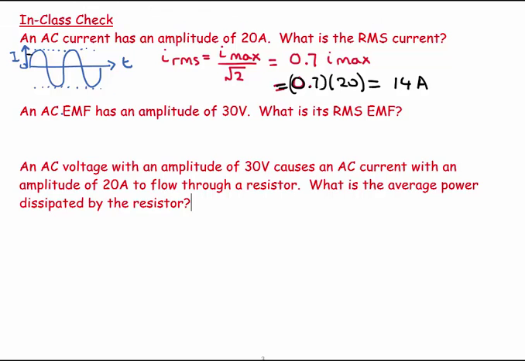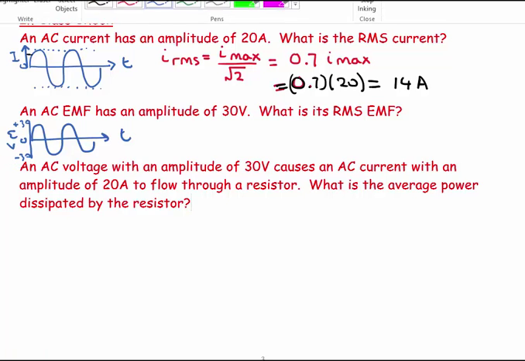If we look at the next question, it says an AC EMF has an amplitude of 30 volts. What is its RMS value? So again, we can picture this. Here's time, and here's my EMF going backwards and forwards. This is EMF, and that's 0. And this would be plus 30, and this would be minus 30 volts.